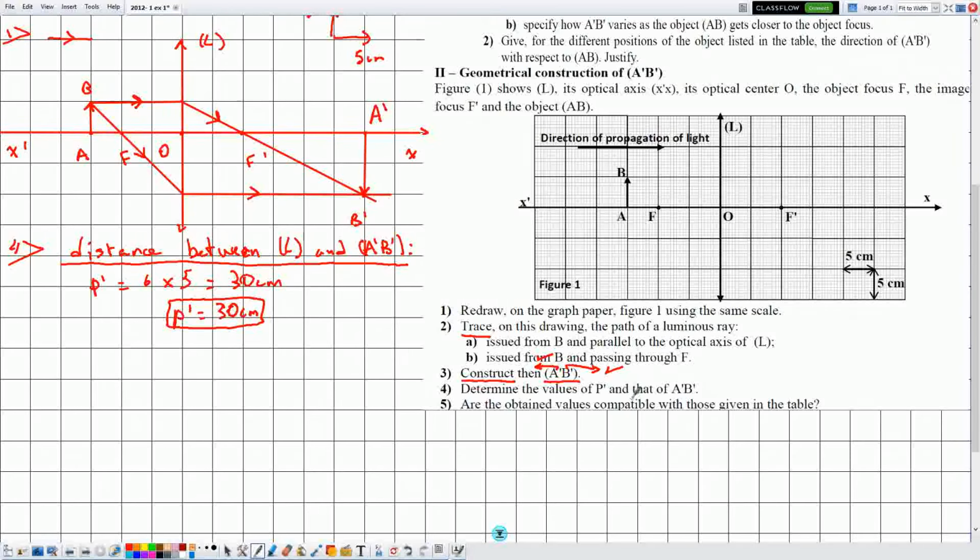In the same question, they are telling me and that of A prime, B prime, which is the size of the image A prime, B prime.